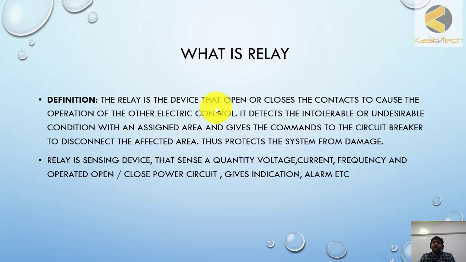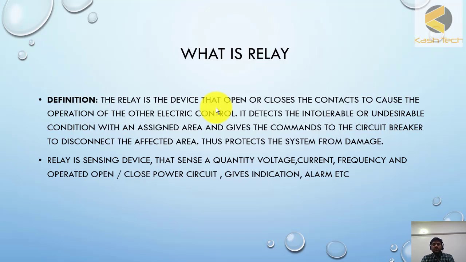I will give you a relay example. In your house, voltage is coming to your system, like 110 volts or 220 volts. If your rated voltage is 220 and it increases by 20%, 30%, 40%, what could happen? Your power equipment can burn.